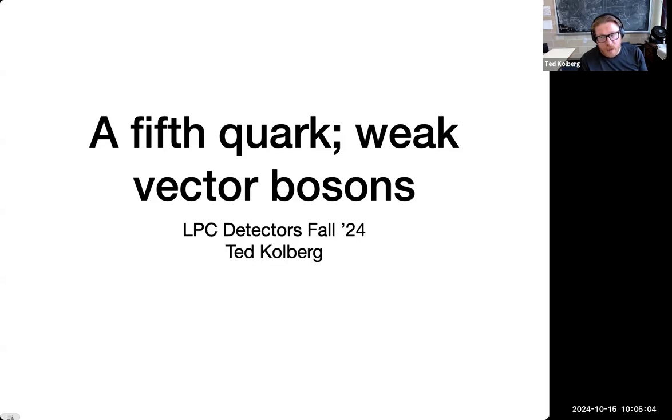And the discovery of those weak neutral currents was a critical piece of confirmation of the electroweak theory, which was under development in the 60s and 70s. And as we'll see, that theory makes a direct prediction of the mass of the weak vector bosons, and people are going to go and build an accelerator to go out and find them, along with the detectors to be able to make the detection.